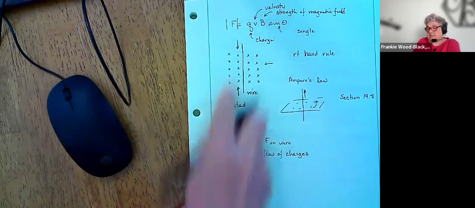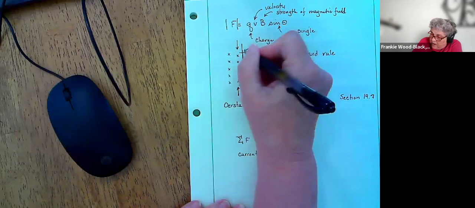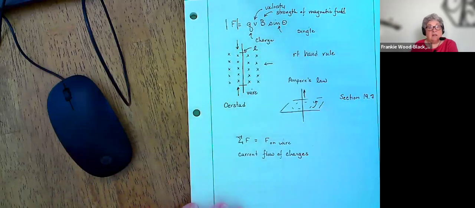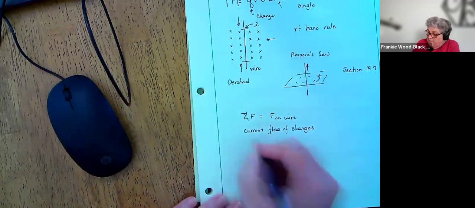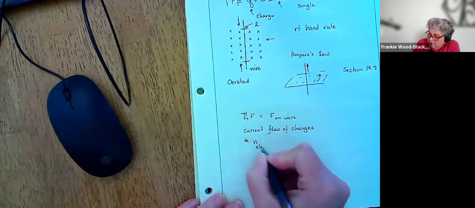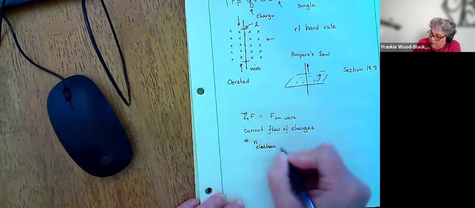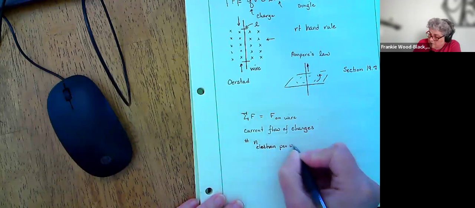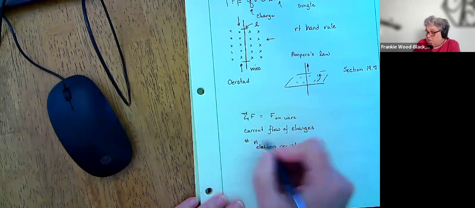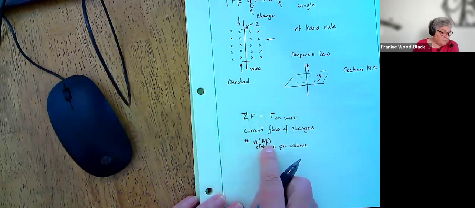In this setup I have my field and a length of the wire inside the magnetic field, which is where I'm going to have my forces. The number of charges is going to equal the number of electrons per unit volume, and my volume is the area of my wire times the length of my wire. That gives me my number of charges.